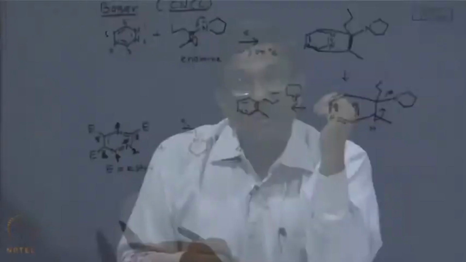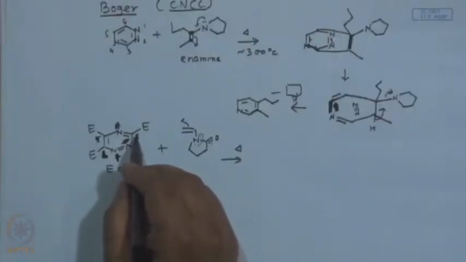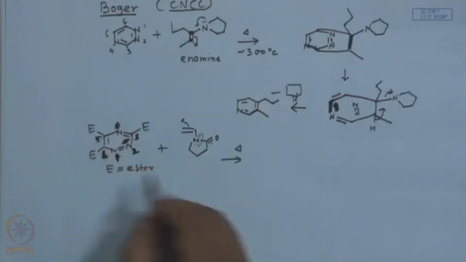Even in the case of oxazole, when you go to oxazole chemistry, you will see this carbon, nitrogen, carbon, carbon order normally supplied. Now, of course, we can see that 3 is more electron deficient here. So, in this case 3, 4, 5, 6 is the diene part.